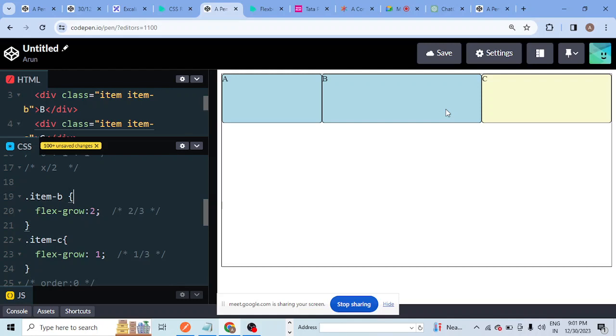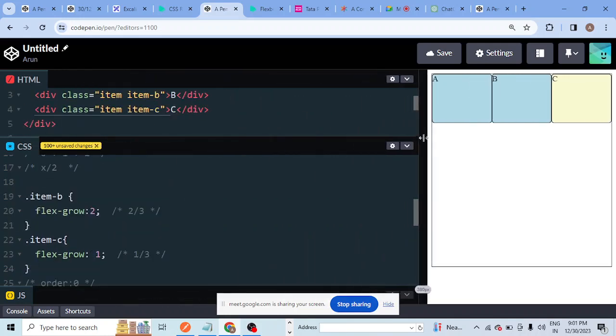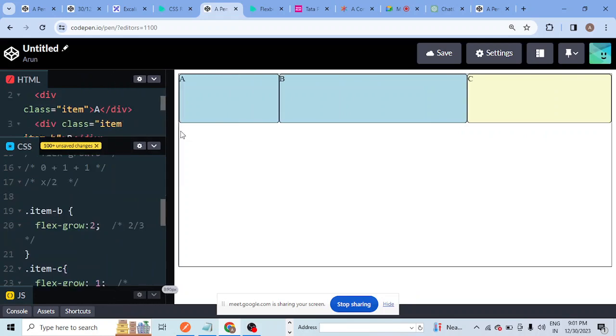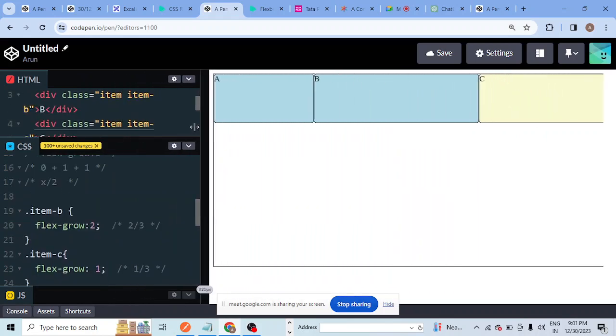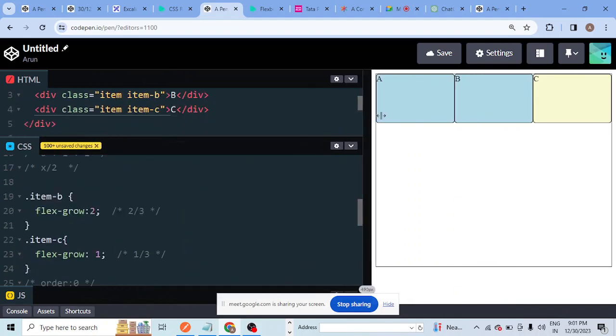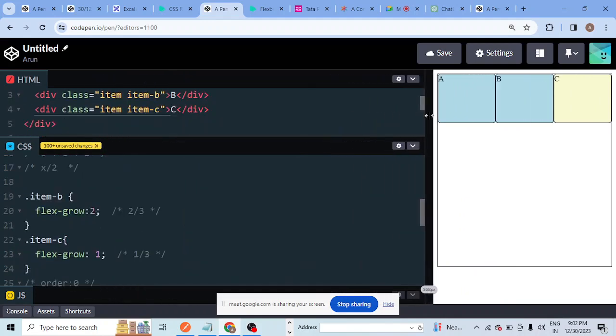We only learned how much is distributed around the elements and between the elements. But here the element itself can grow with the available space. So this is where it helps in responsiveness, right? Do you see that? So this is the flex grow property.